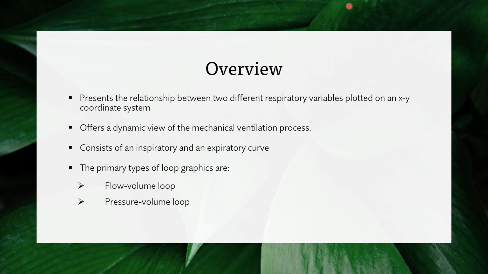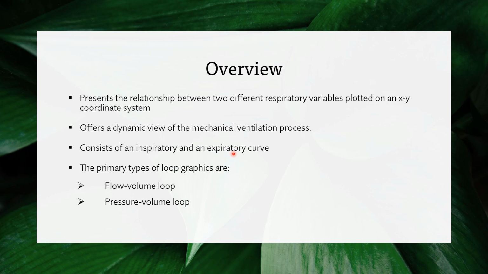Specifically, loop graphics illustrate either pressure or flow against volume, providing insight into the interaction between these variables during the respiratory cycle. Each loop waveform consists of the inspiratory and expiratory curve. When these curves are graphed together, they form a distinctive loop shape which is the basis for the waveform's name.